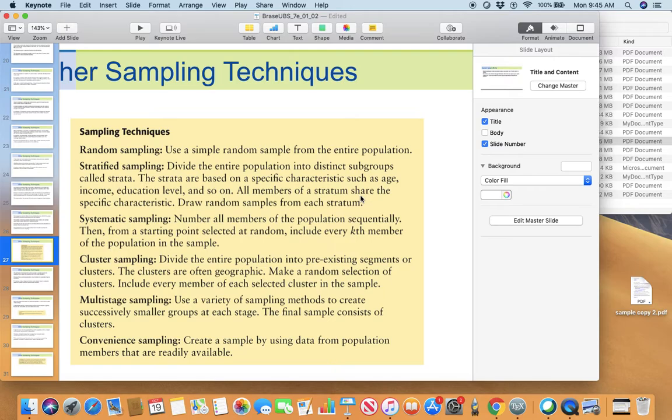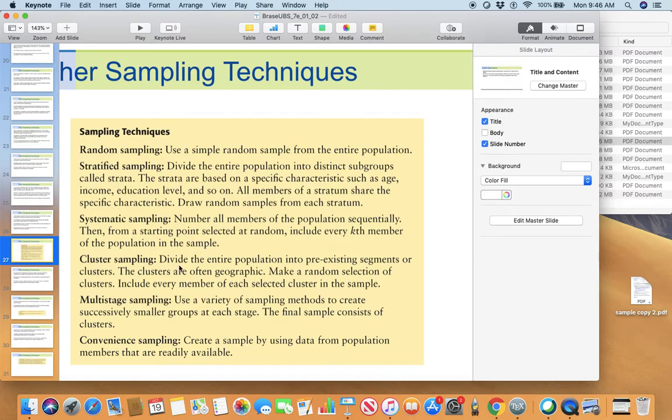All members of a stratum share the specific characteristic. Draw random samples from each stratum. Systematic sampling: number all members of the population sequentially. Then, from a starting point selected at random, include every kth member of the population in the sample.